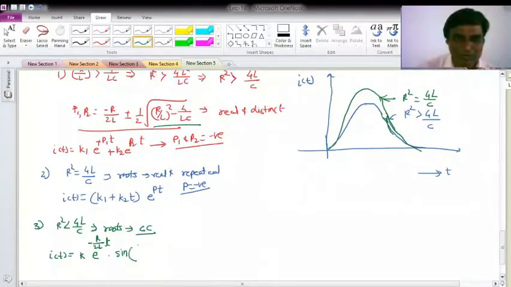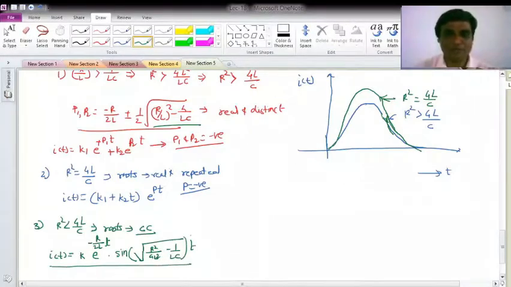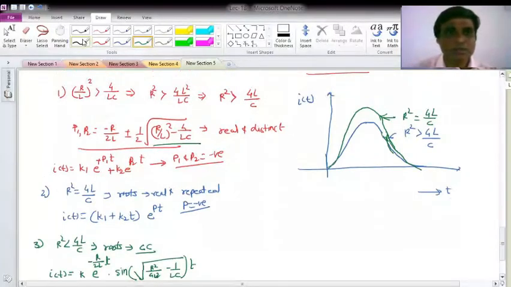So omega I can take 1 by 2 inside, so it will be the square root of R square over 4L square minus 1 over LC, into t, in this form.